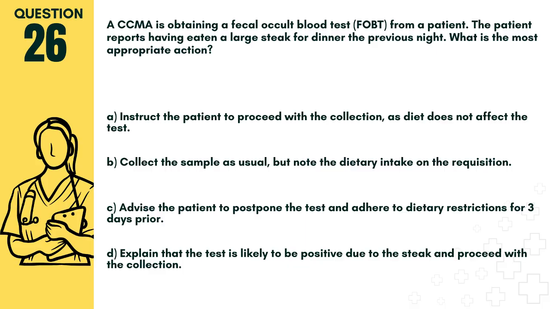B. Collect the sample as usual, but note the dietary intake on the requisition. C. Advise the patient to postpone the test and adhere to dietary restrictions for 3 days prior. D. Explain that the test is likely to be positive due to the steak and proceed with the collection.